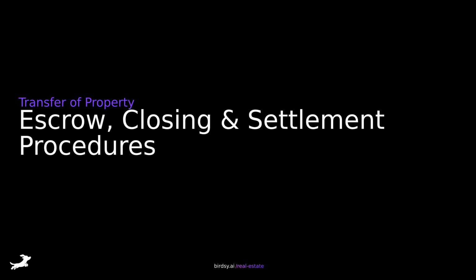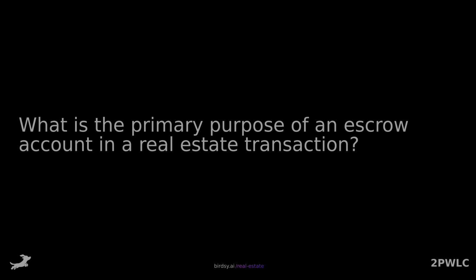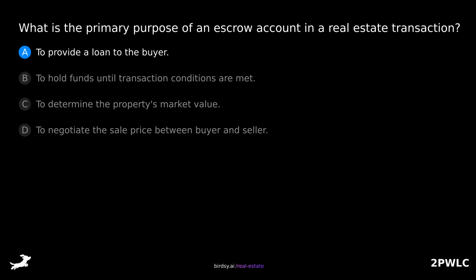Escrow, closing, and settlement procedures. What is the primary purpose of an escrow account in a real estate transaction? Is it A, to provide a loan to the buyer, B, to hold funds until transaction conditions are met, C, to determine the property's market value, or D, to negotiate the sale price between buyer and seller?